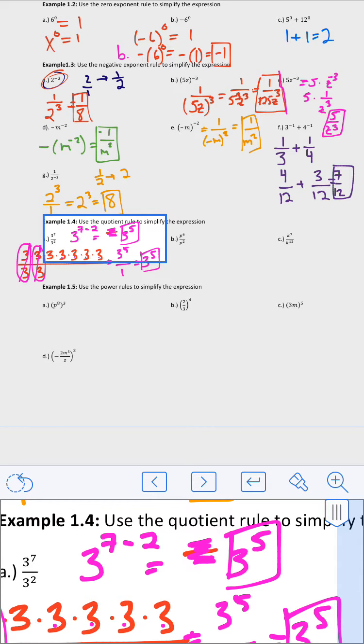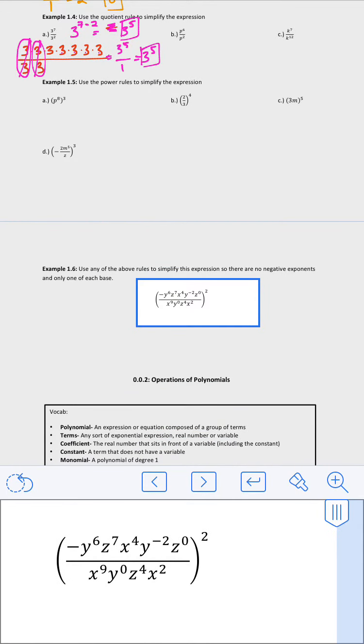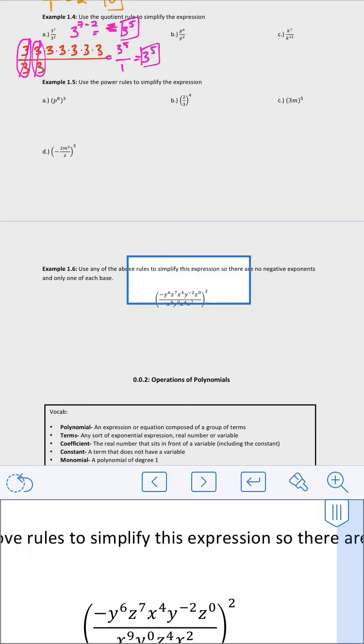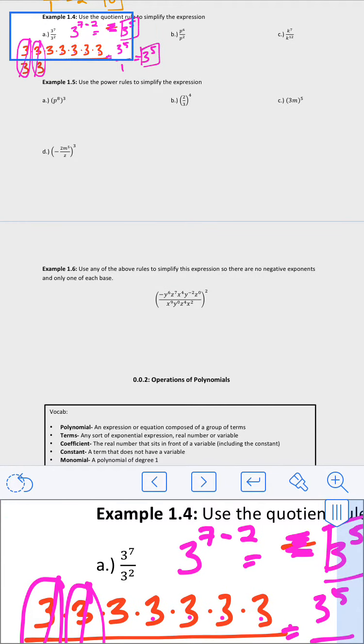I find some people really like that way better, because when you get with the big stuff like this, it's easier to just cancel the top and the bottom instead of subtracting. But if you've just got nice little expressions like this, then you can remember you can just subtract them. 7 minus 2. You always subtract numerator from denominator, even if it will be a negative number, okay? Always top from bottom, always numerator from denominator.